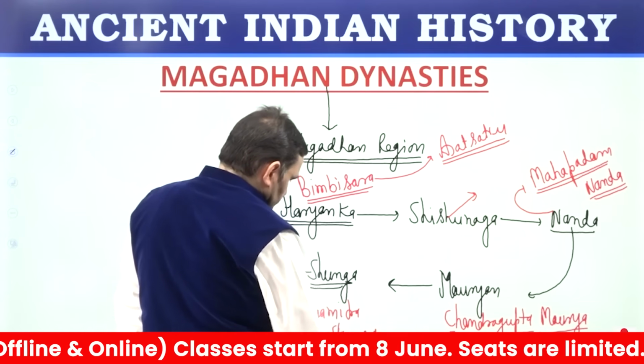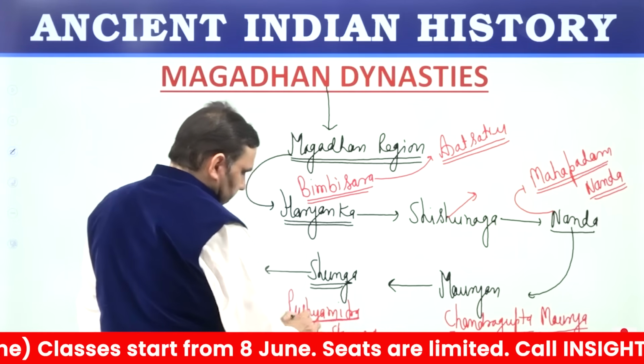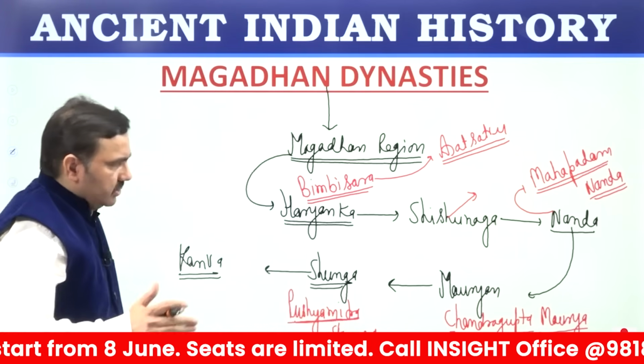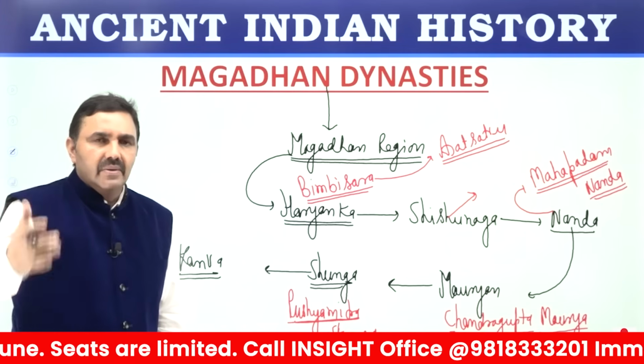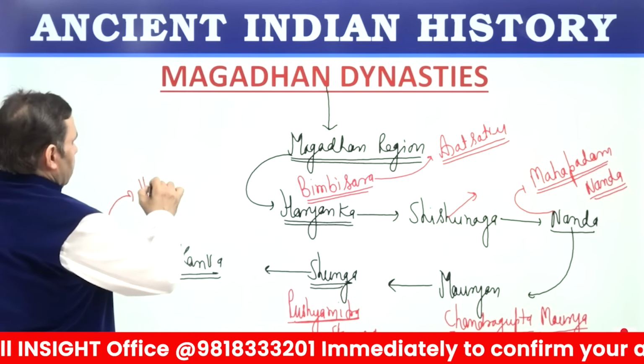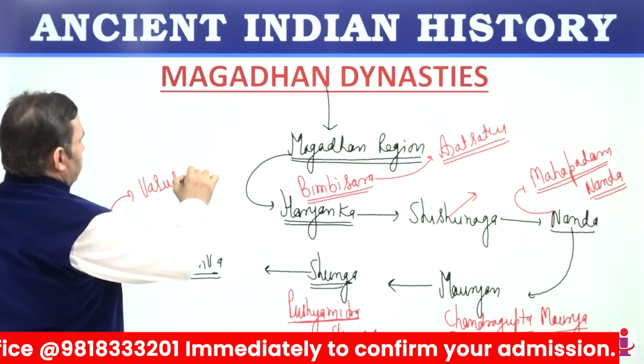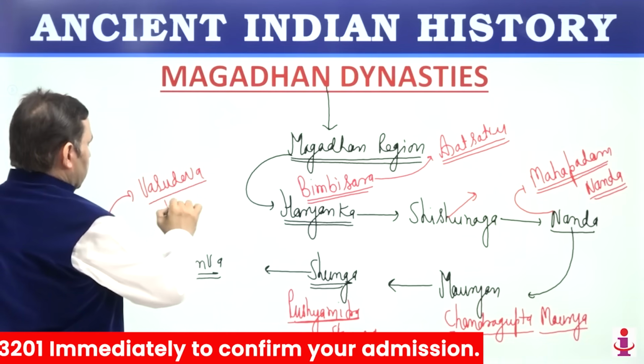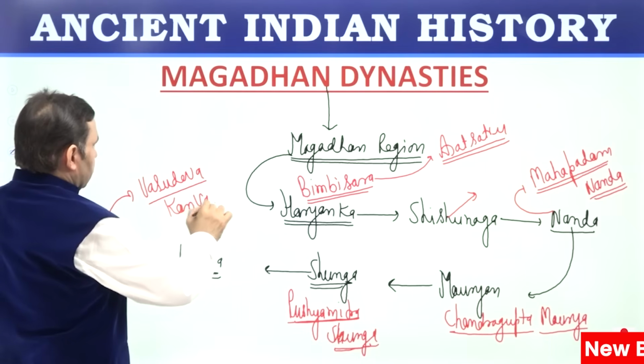Pushyamitra Shunga was the commander-in-chief of last Mauryan king, Brihadratha. He killed the last Mauryan king, Brihadratha, and became the founder of dynasty. And here the founder was Vasudeva Kanva. That is why the name of dynasty was Kanva dynasty.